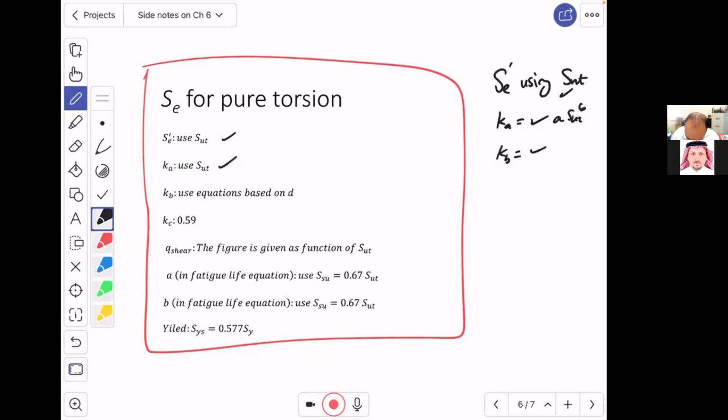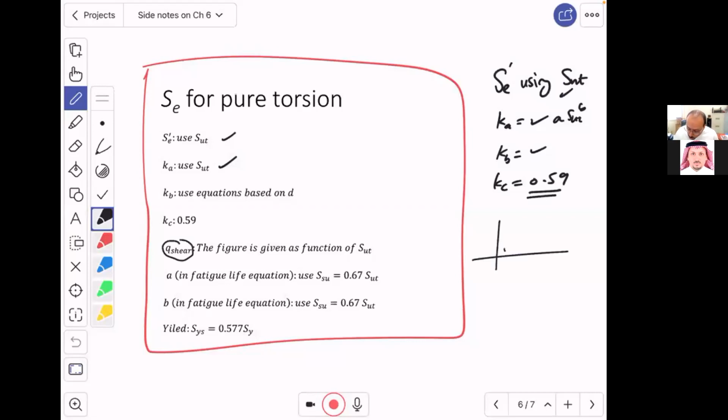Now, however, KC must be applied as 0.95. Now, this is going to fix everything related to torsion. You understand? Now, what is the Q shear? Because you have torsional loading, and if you have KF, what is it going to be? Q shear, if you go to the book, it's for shear.